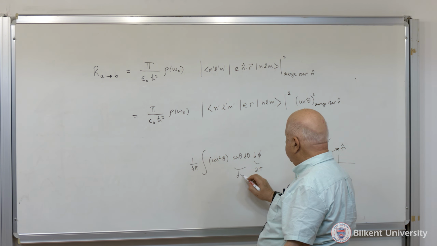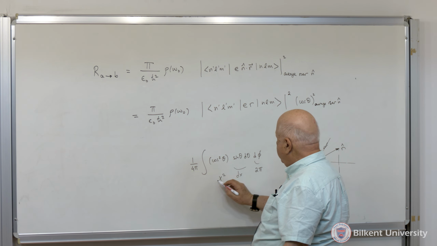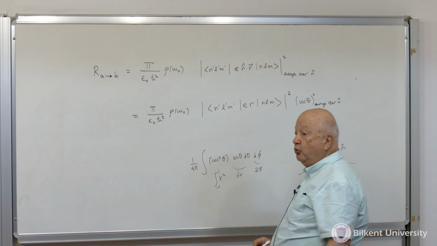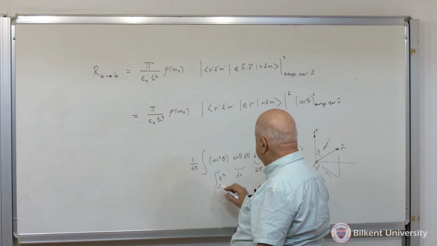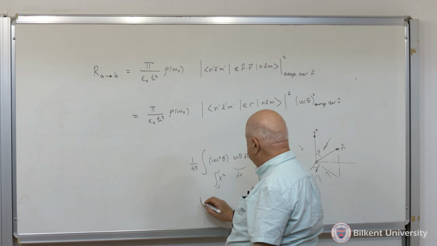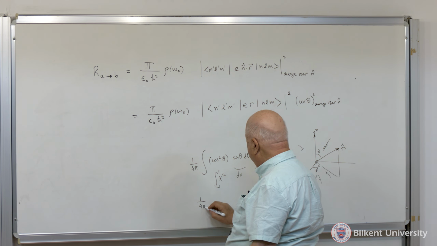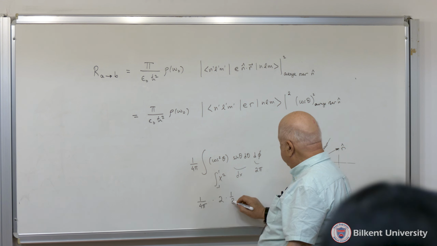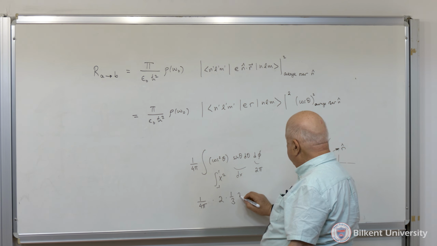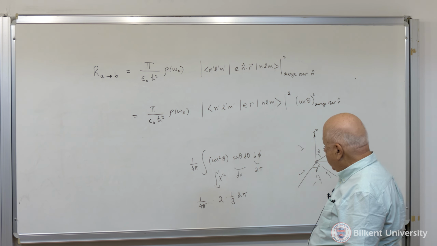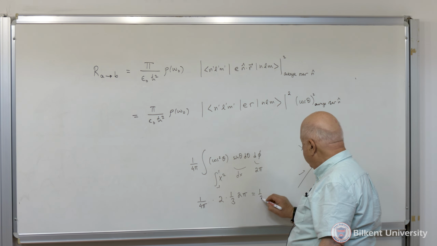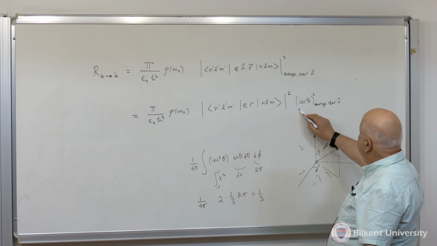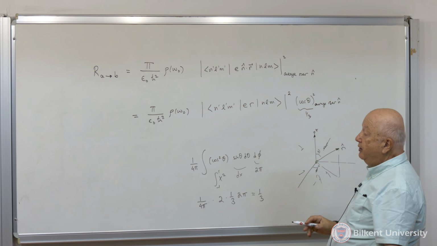We write this piece as dx, this piece as x squared, and integrate from -1 to 1. So the integral part, let me write this out in full, 1 over 4 pi. This integral is going to give me 2 times 1 over 3, and then there's also a 2 pi factor. So 1 over 2, and this just gives me 1 over 3.